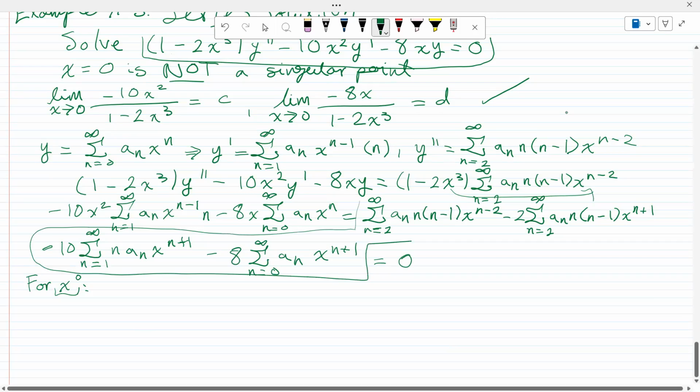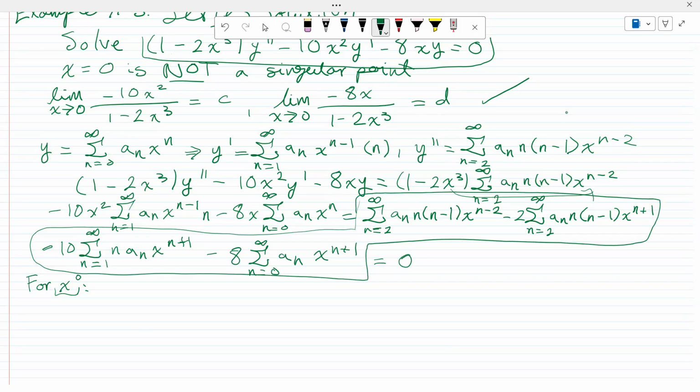In this case, that'll only happen once, and it is with this expression right here. So we get 2 times 2 minus 1, a2, which is of course just equal to 2a2, and we assume that that's equal to 0, so we have a2 is equal to 0 here.